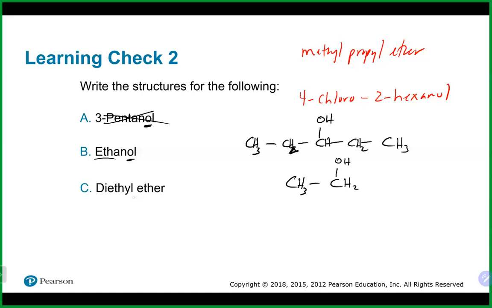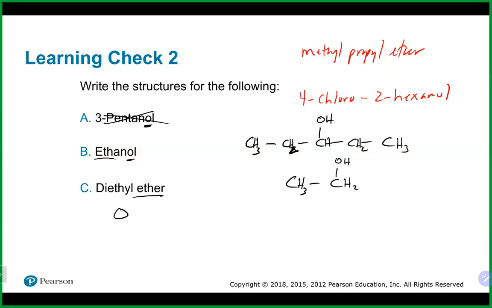This is our ether, kind of like what we were talking about with our ester earlier today. When you go to draw ethers, since it's basically carbon, oxygen, carbon, you might as well just start with the oxygen in the middle and then build your groups to either side of the oxygen. So because it's an ether, I'm just going to start with the oxygen.